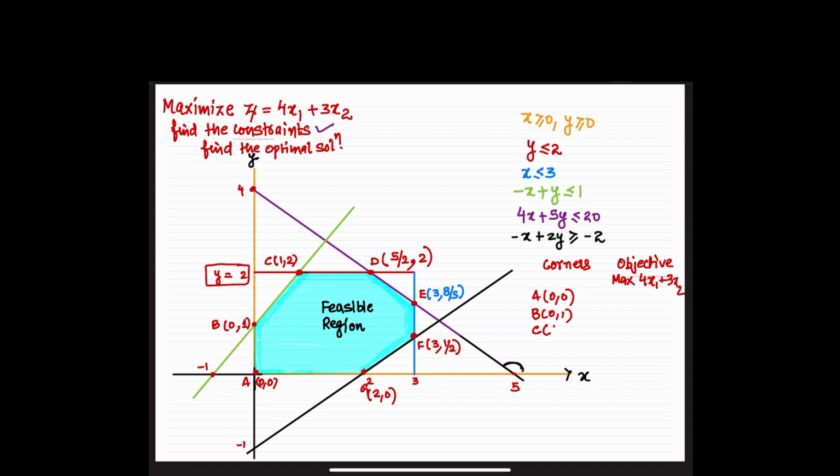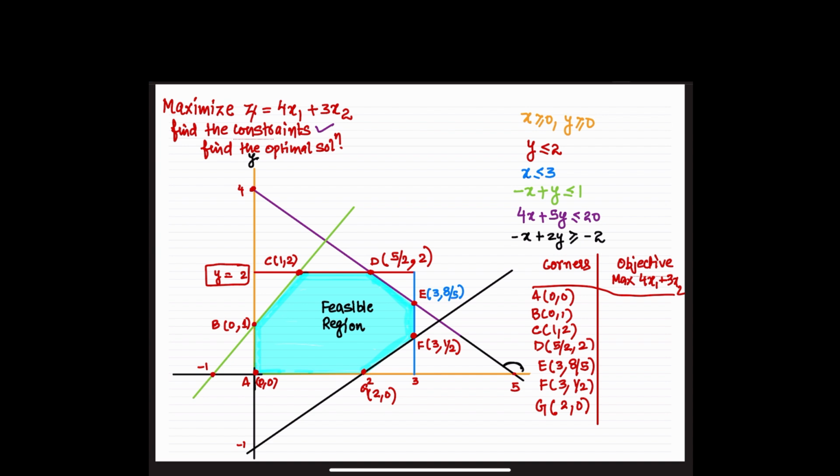C is 1, 2. D is 5/2, 2. Then you have E as 3, 8/5. F as 3, half. G as 2, 0.